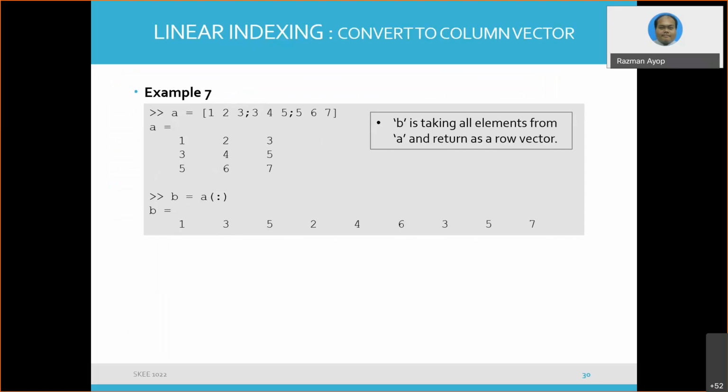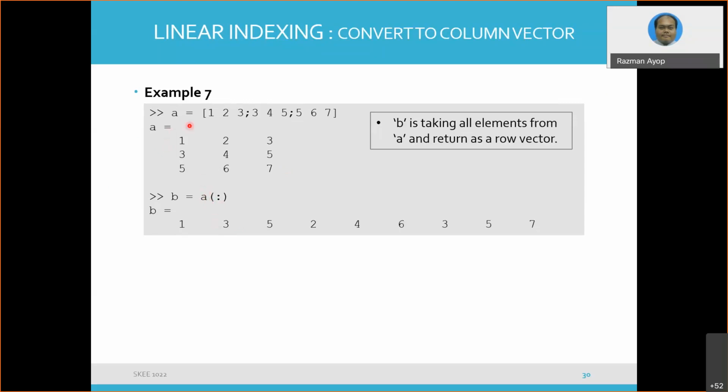Next is converting a matrix to a vector. For example, if you have a matrix like this and you want to convert it into a vector, you can just put a colon here.